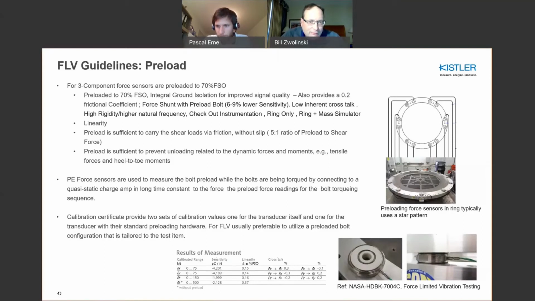So you basically have a 5-to-1 ratio of preload force to shear force. And lastly, you want both compressive and tensile measurements to be done with a sufficient preload. So carrying enough preload to not get slippage in the shear direction is rather critical as well.